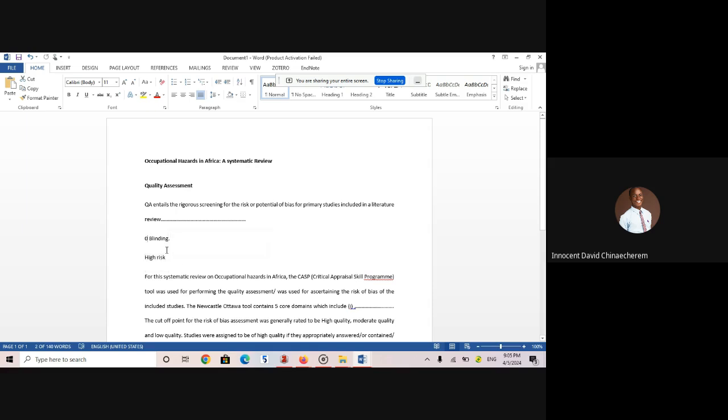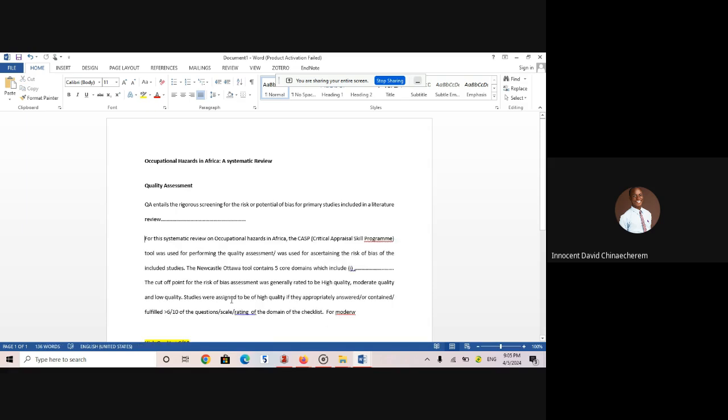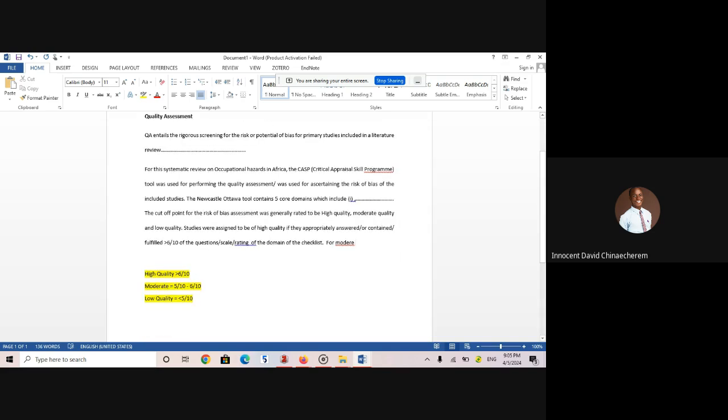But now let's continue with this. So now what we need to understand here is how we rate it. So moderate is going to be 4/6. These are non-randomized studies, right? What was the rating? We said 5/6. For moderate it is going to be 5/10 to 6/10.